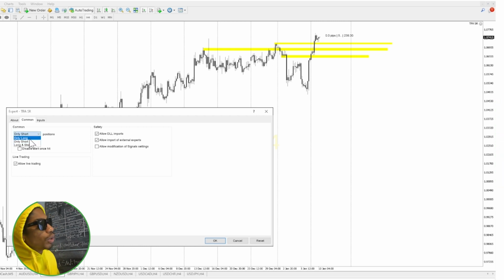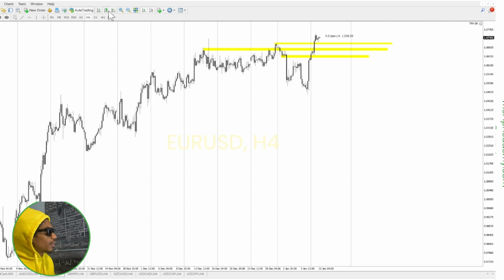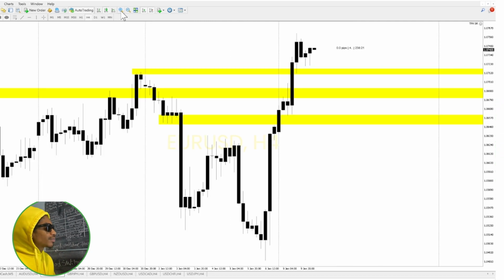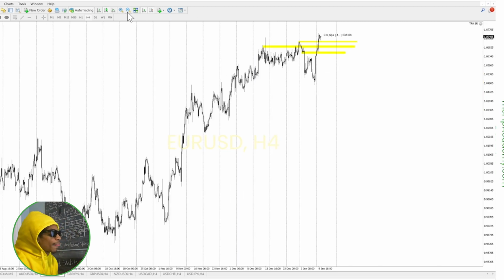Crap. Well, either way, we did not interact with our zone. So I need to change that to long. Either way, we didn't come back into our zone, so we didn't hop into an entry. But if we do come back down into there, then we'll be triggered into one, and then we'll look to take that up as well.